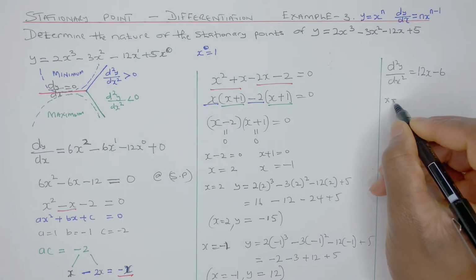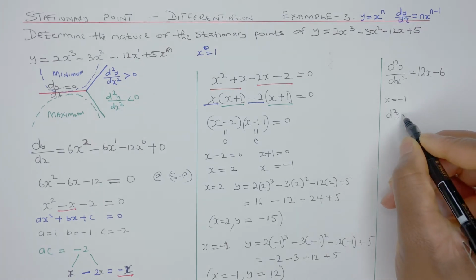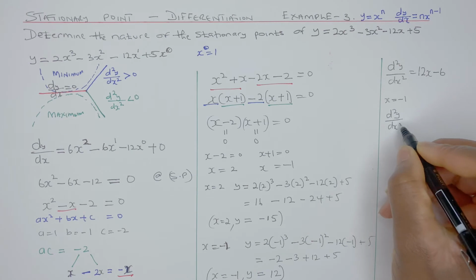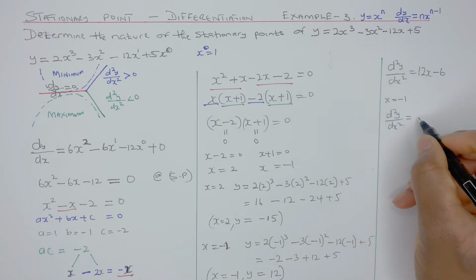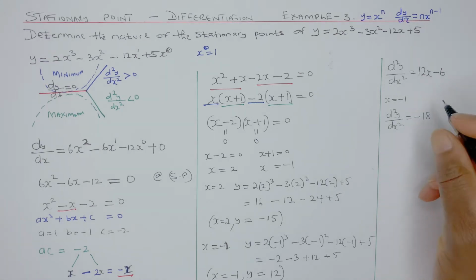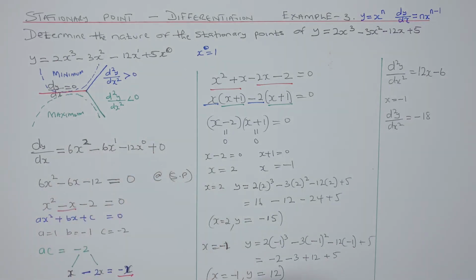When x equals minus 1, d²y/dx² will be minus 12 minus 6, which is minus 18. So that's negative, it's a maximum. When x is minus 1 and y is 12, this is a maximum.